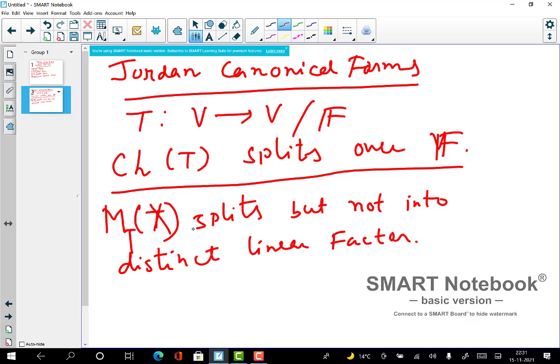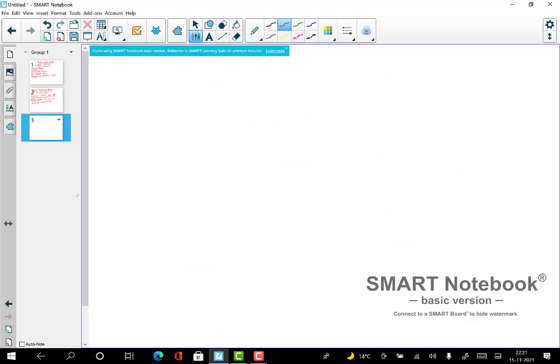In this case, consider the eigenspaces corresponding to distinct eigenvalues.